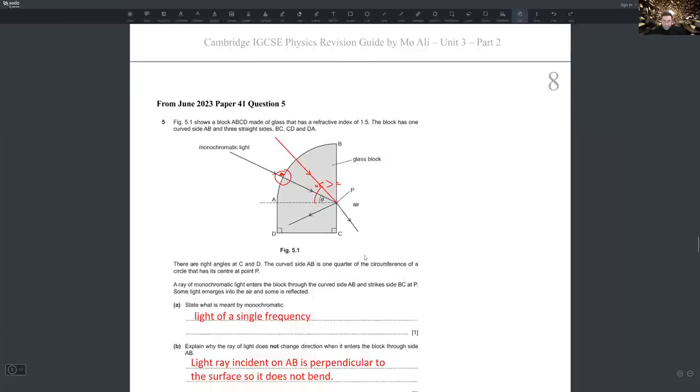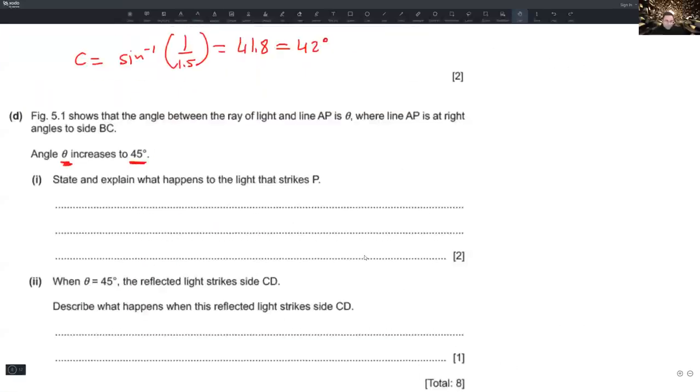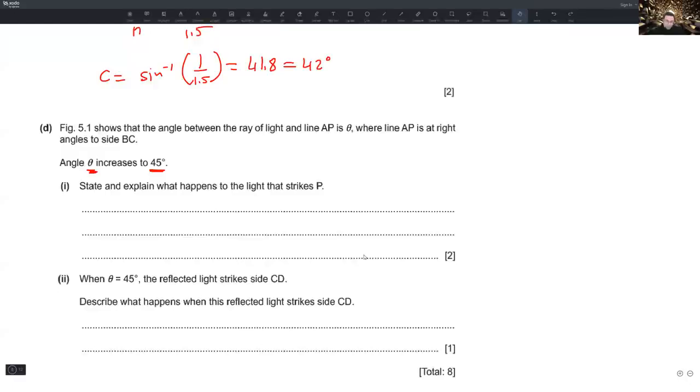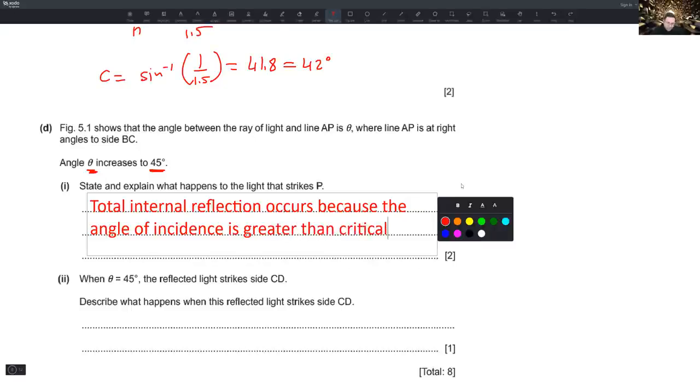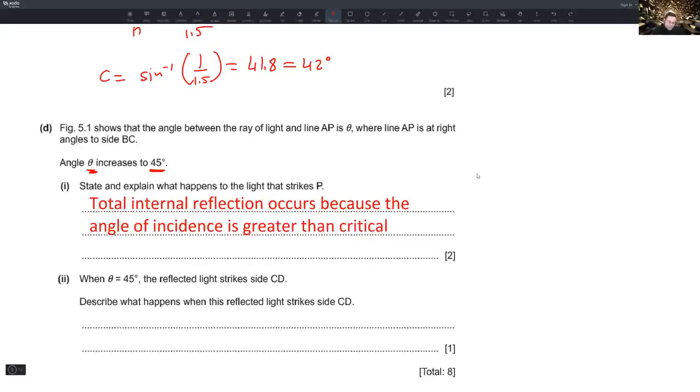Critical is 42, so 45 is more than 42. So what happens? Total internal reflection. We say total internal reflection occurs, that's the statement, and then the explanation: because the angle of incidence is greater than the critical angle, or 45 is more than the critical angle of 42.